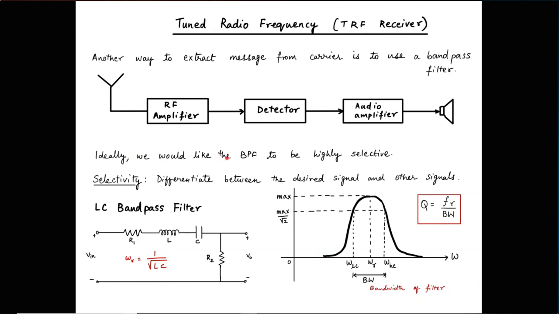Ideally, we would want the bandpass filter to be highly selective. And we would want that so that we can differentiate between the desired signal and all the other signals and noise. So how does a highly selective bandpass filter look like?